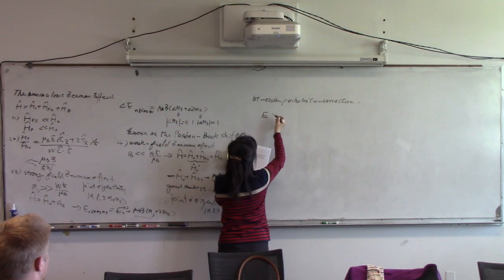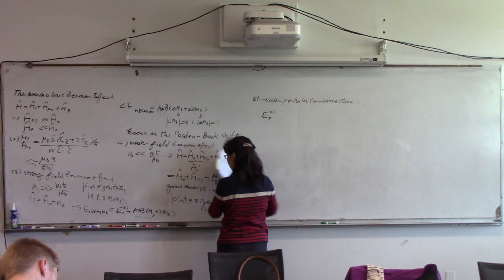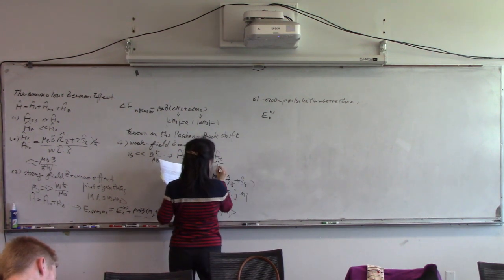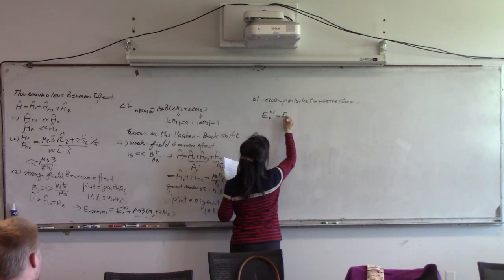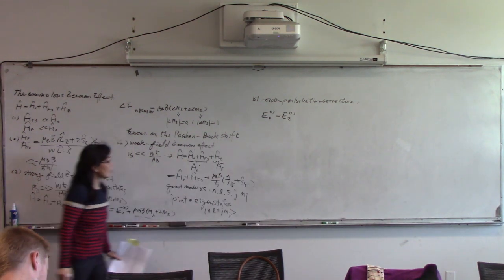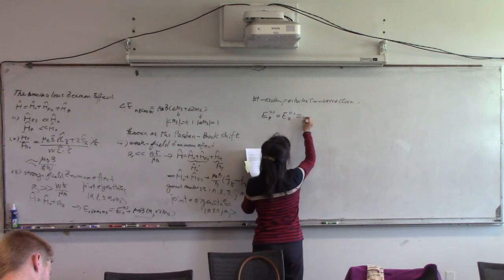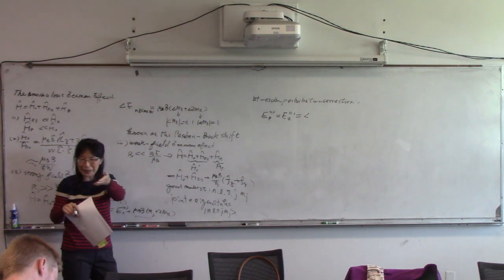So first order, remember we have the energy correction. I treat this one as a perturbation H_P. So now H_P comes from this Zeeman effect, right? Remember the first order perturbation, that will go to the final exam.